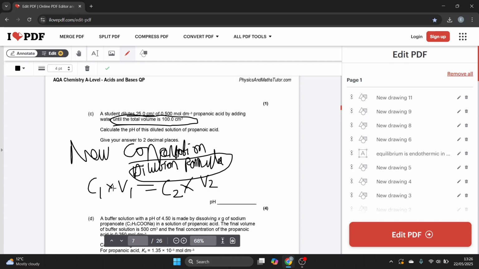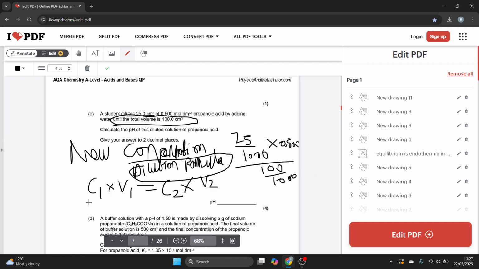So I'm going to do C1, 25 divided by 1000, times 0.500. It's the other way around, but it's fine. Divided by 100, divided by 1000. Obviously 100 divided by 1000 is 0.100. I get 0.125.